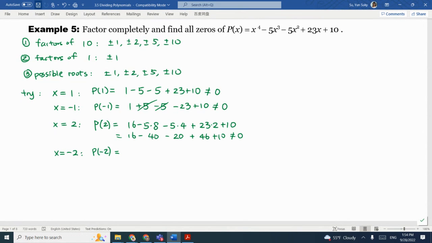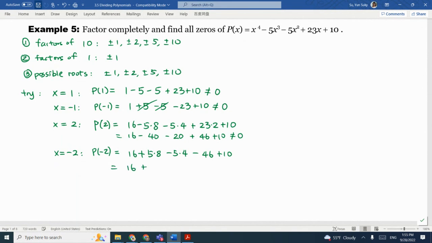Okay, -2 to the 4th is 16. But -2 cubed is -8. Do you see then it becomes positive? And -2 squared is 4. 23 times -2 is -46.